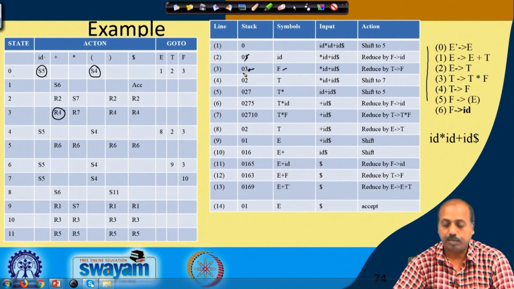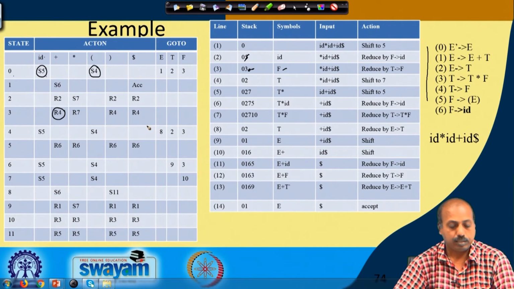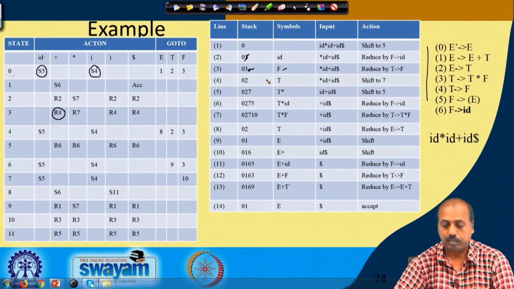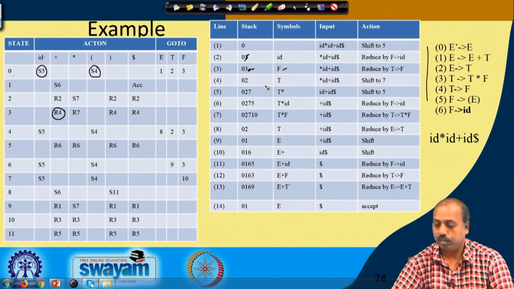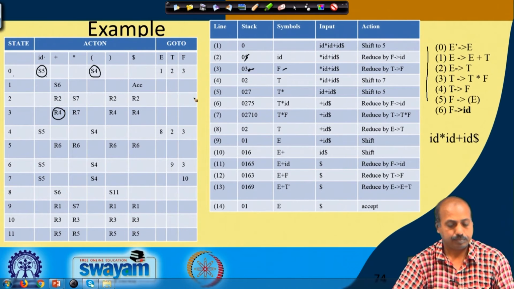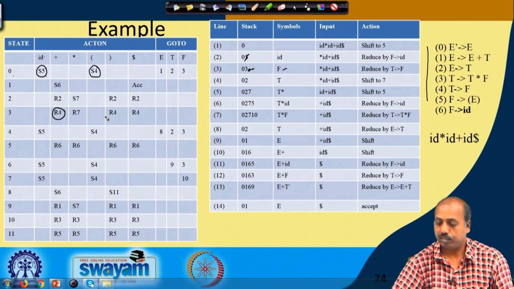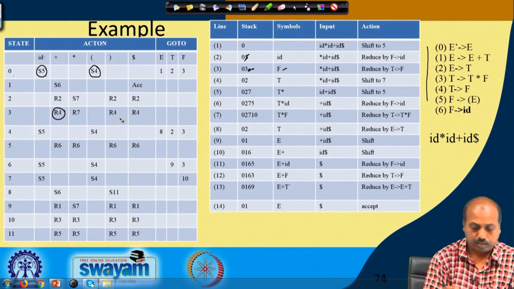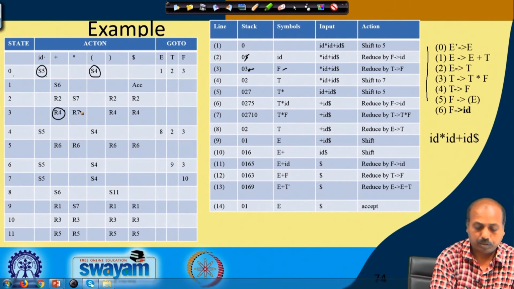Now, at state 3 I have got this star. State 3 star says that you reduce by rule number 7. Actually, this is not rule number 7, there is a mistake here, this should be rule number 4.